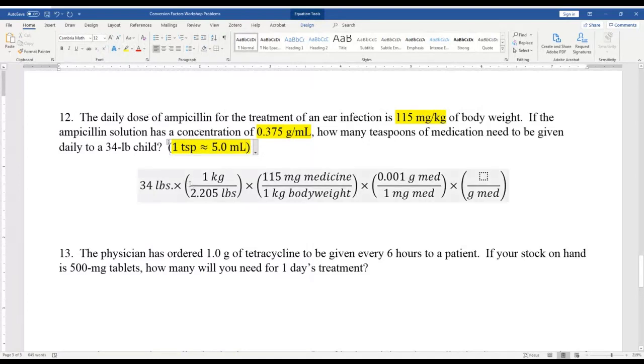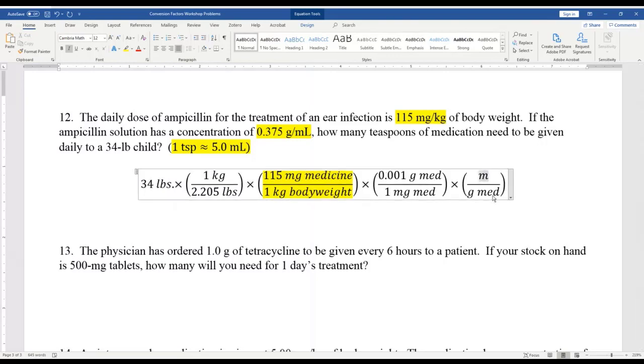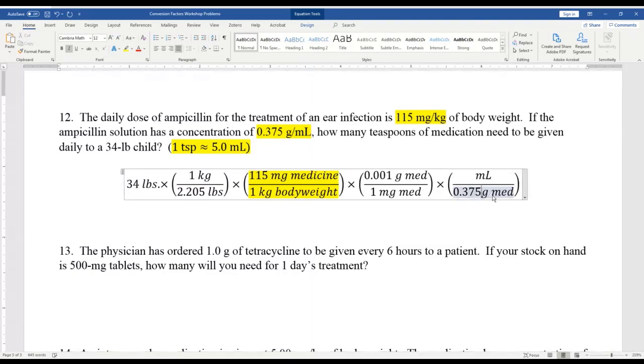The tricky thing about this problem is that we have to use external conversion factors that come from metric conversions or metric to English conversions, and then we have to use the internal conversions that are given in the context of the problem. This is an internal conversion, and the one we're using here is an internal conversion as well. I have to convert the grams to milliliters, and it's 0.375 grams is equal to 1 milliliter.